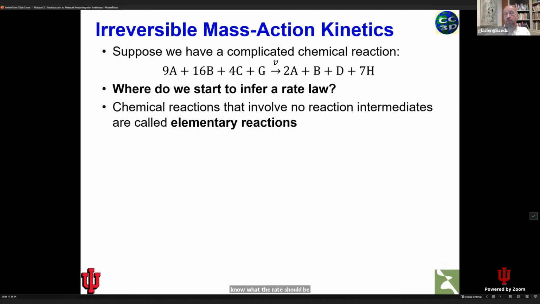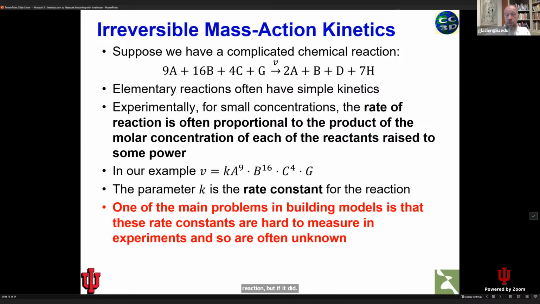And if there are no intermediates, if that reaction happens in one step, probably doesn't for that complex reaction, but if it did, there is a very simple approximation that works surprisingly well. And there's some textbooks where the entire textbook only uses this approximation, and it's called mass action.